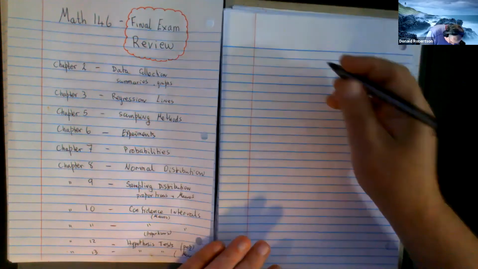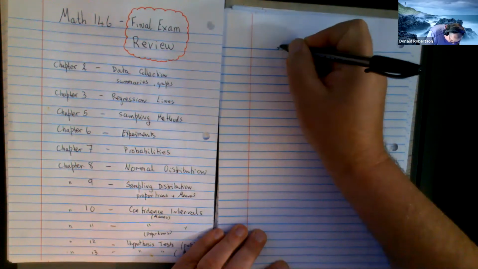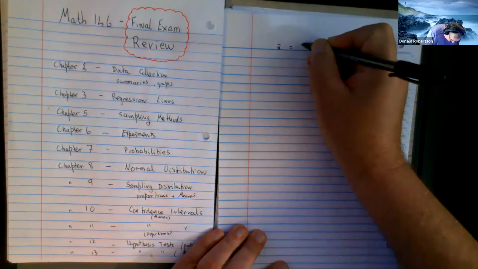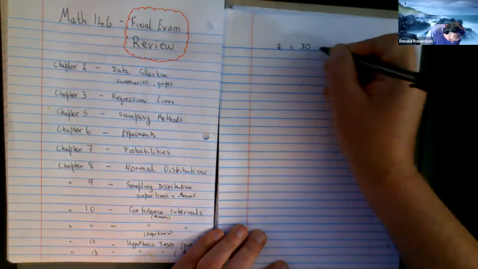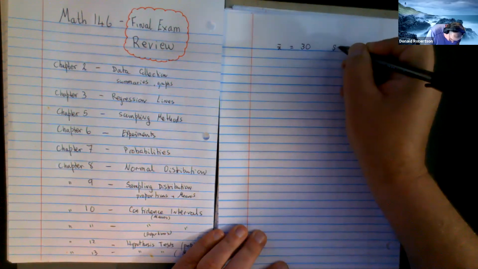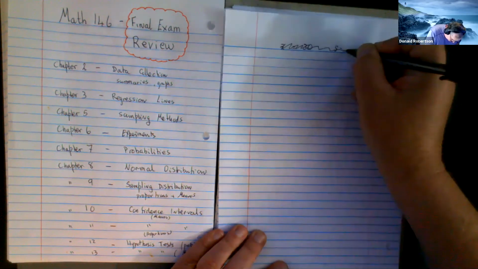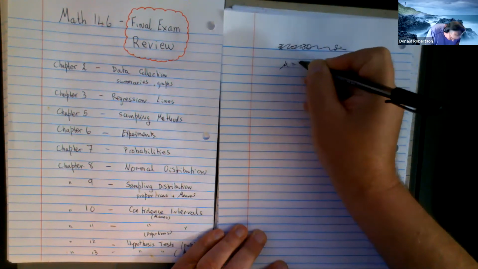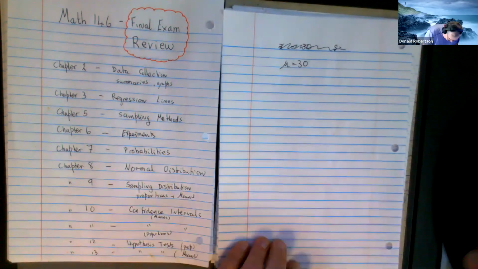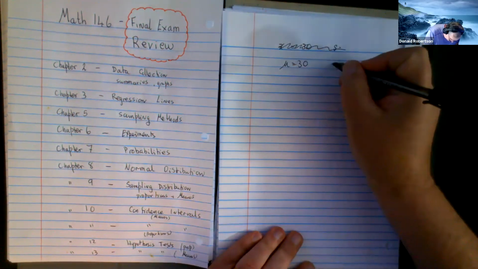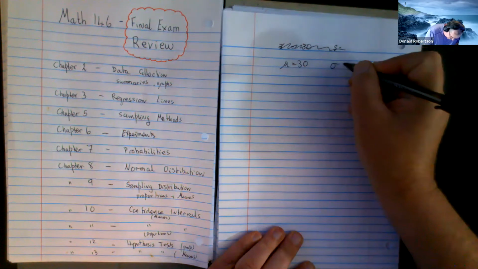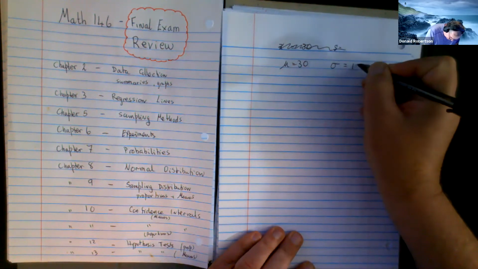We can also do one of these things. Oops, wrong notation. A population has a mean of 30 and a population standard deviation of 10.